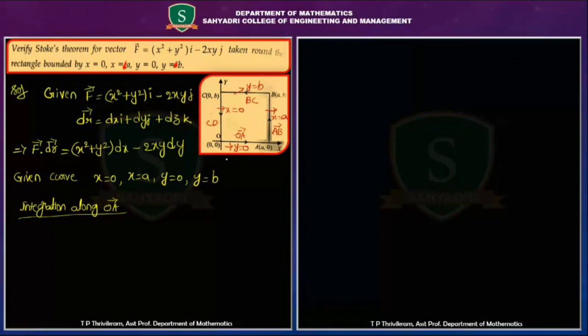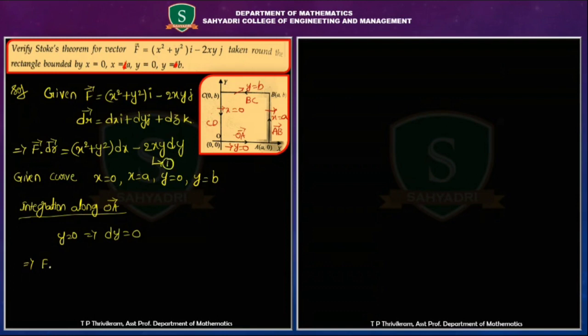I have written it here: y equal to 0 you have to take on OA. Implies if you differentiate with respect to x, dy equal to 0. So take this as equation 1.